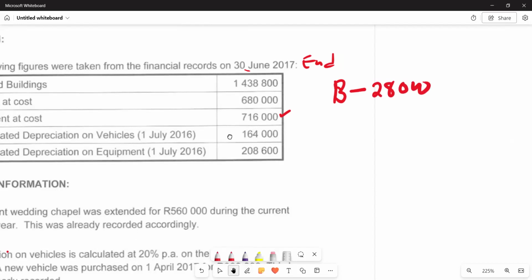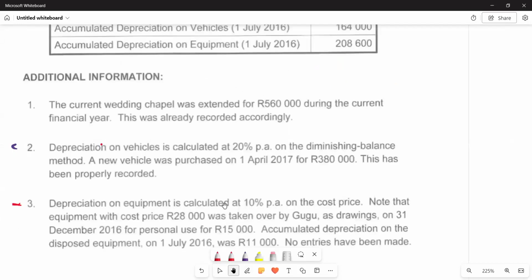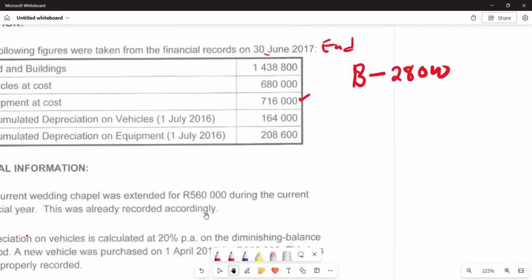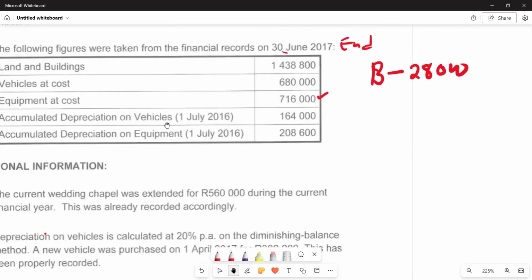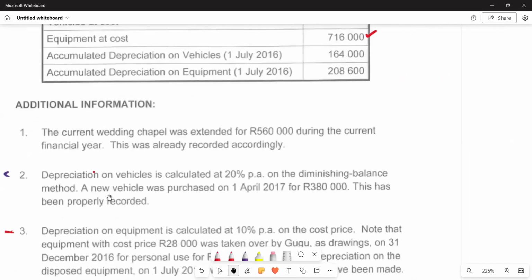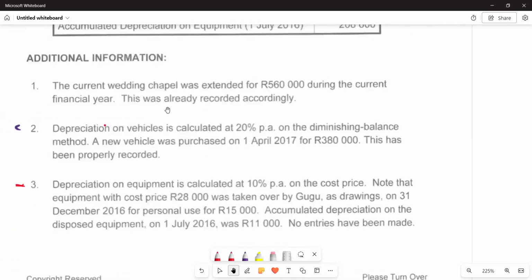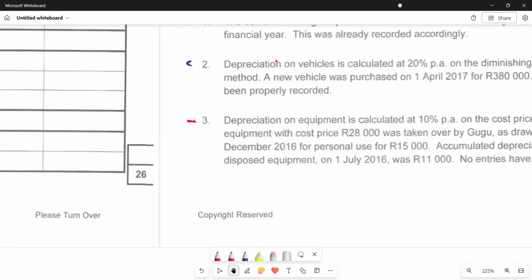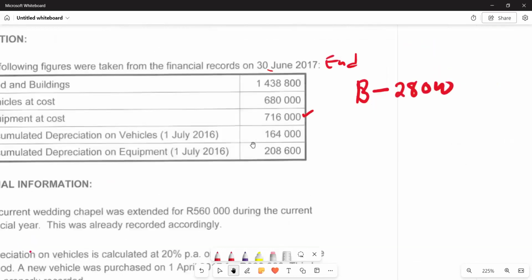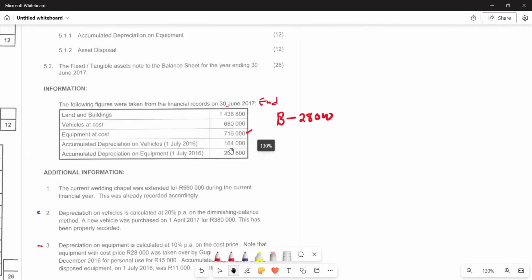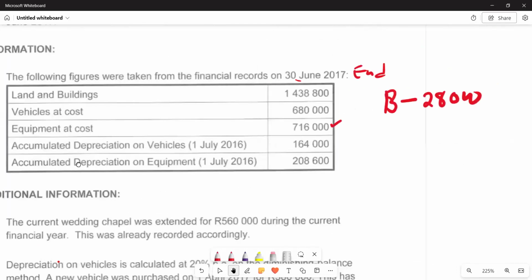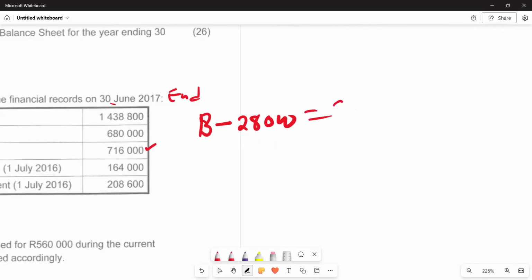We can just confirm that figure. We see that it's 28,000. We are going to get the balance at the end, which for equipment is 716,000.